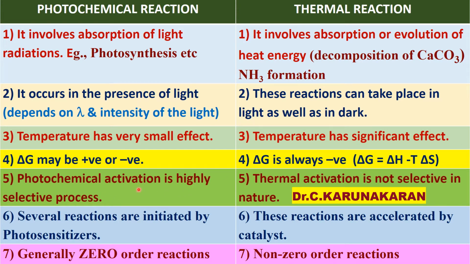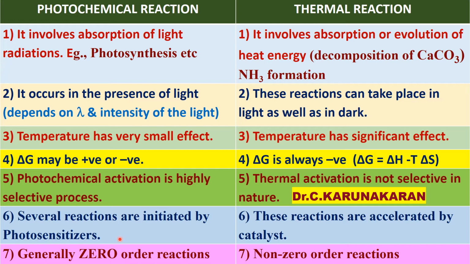Next, photochemical activation is highly selective process. For example, chlorophyll. In the presence of chlorophyll, only the photosynthesis takes place. So photochemical activation is highly selective process, whereas thermal activation is not selective. Several reactions are initiated by photosensitizers, or not necessary.